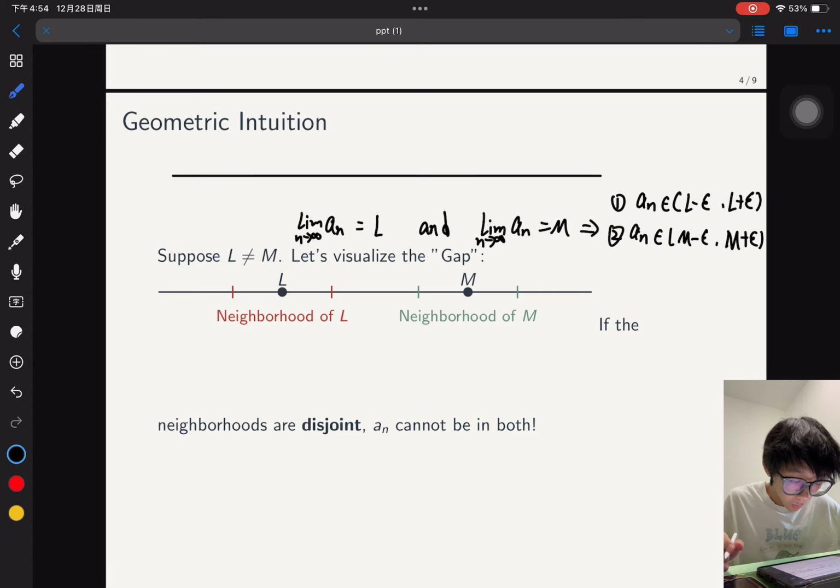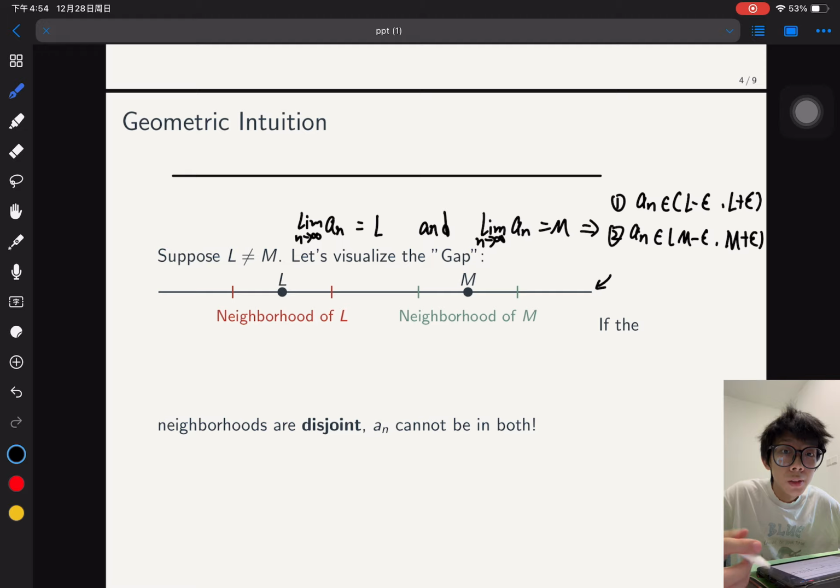So a_n is in the neighborhood of L and also in the neighborhood of M. We found that a_n cannot be in two different intervals which are disjoint. So we found the idea of the proof.